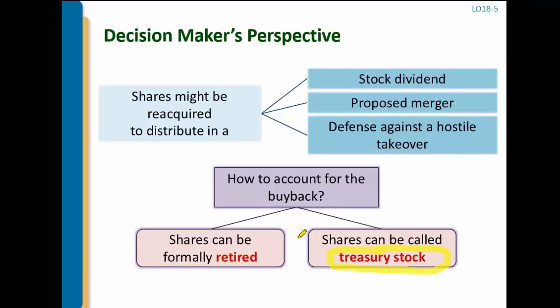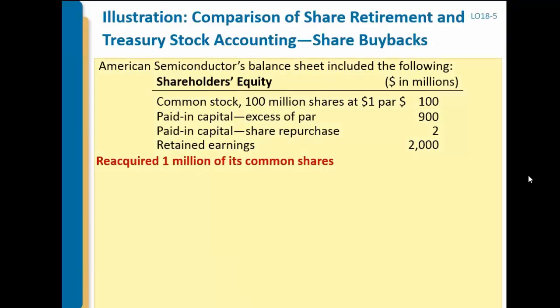Now, let me just make a point related to definitions. We talk about issuing stock. Issued stock is the amount of stock that is sold. But we also use the term outstanding stock.